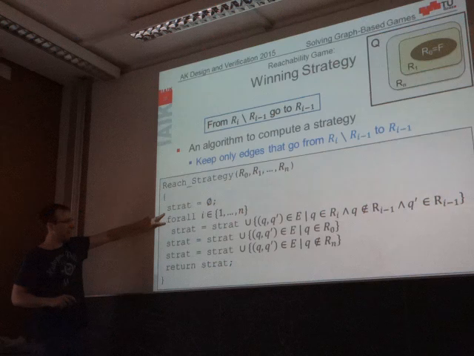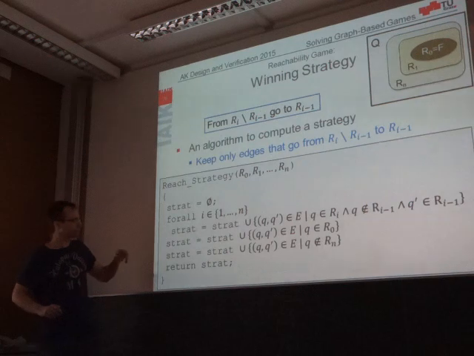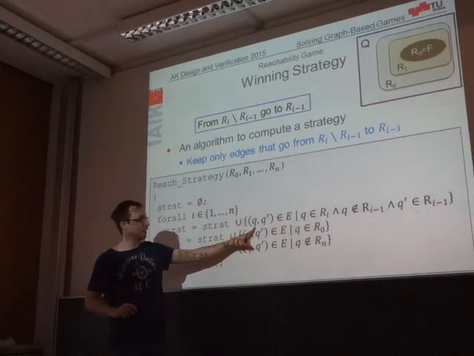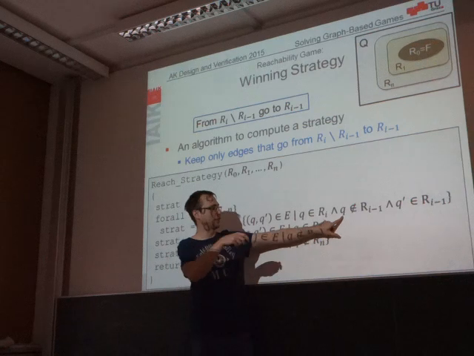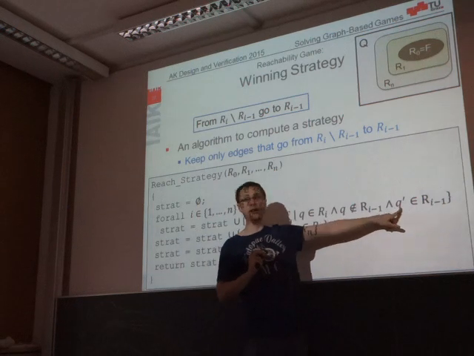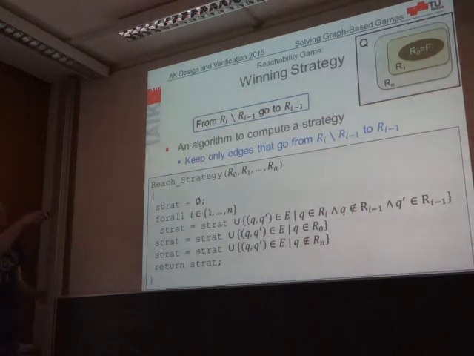For every one of these onion rings, I add all the edges where the source state is in some onion ring Ri and not yet in the next inner onion ring, and the target state of this edge is in the inner onion ring. So basically this means that from light green without dark green, go to dark green. Take all these edges. This sounds reasonable.